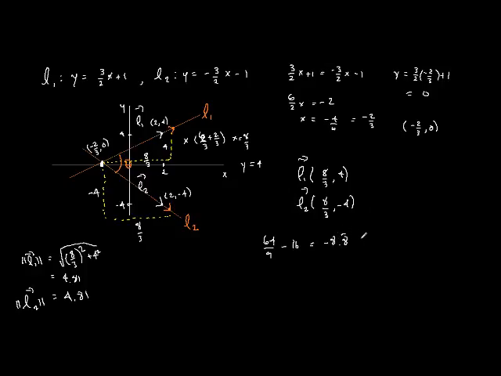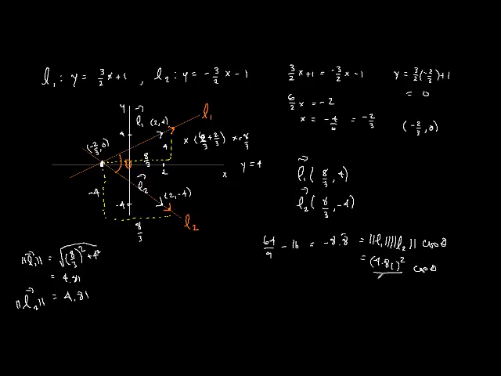It's also equal to the magnitude of L1 times the magnitude of L2 times the cosine of the angle between them. Now L1 and L2 we found to be 4.81, and I'm multiplying it by itself, so it's 4.81 squared times cosine theta.